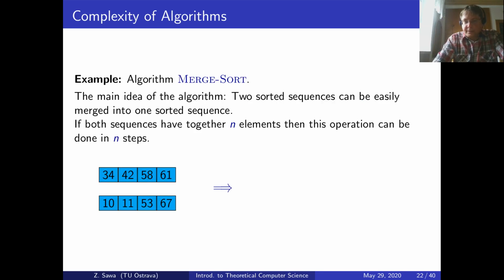As another example, consider the sorting algorithm merge sort. The basic idea is that if we want to sort elements, we just take these elements and divide them into two parts, maybe in half.